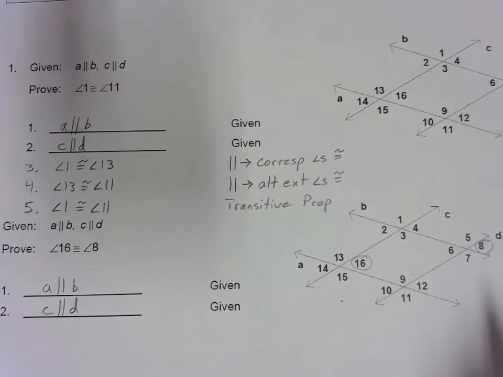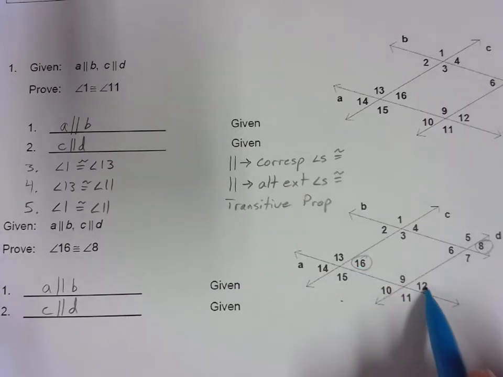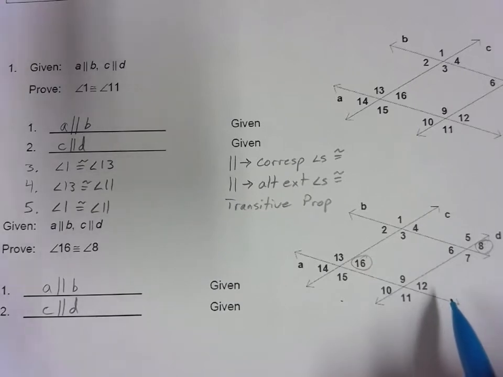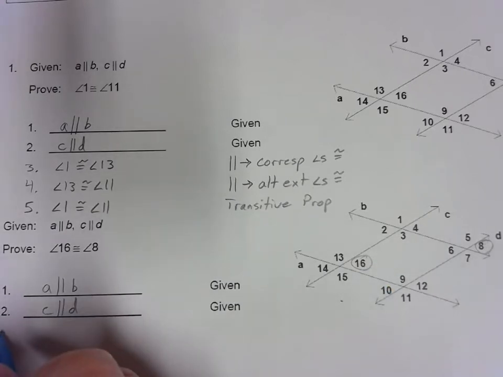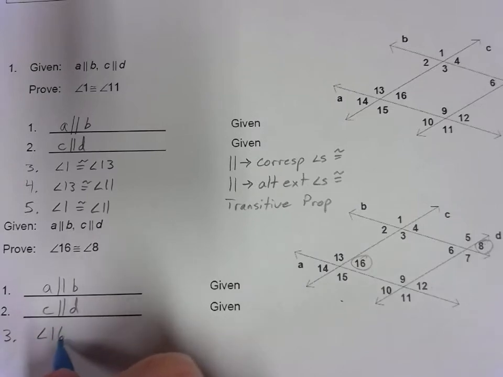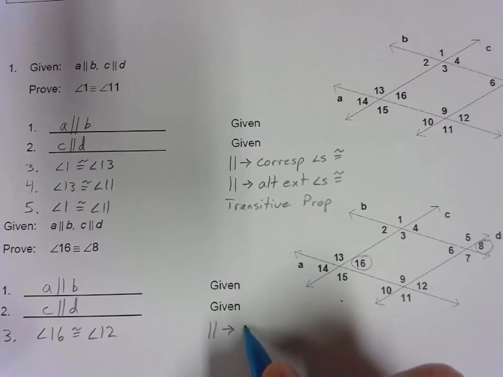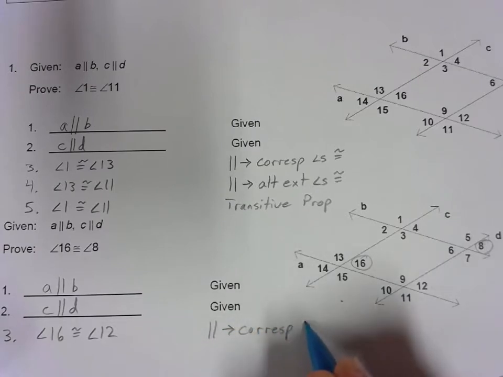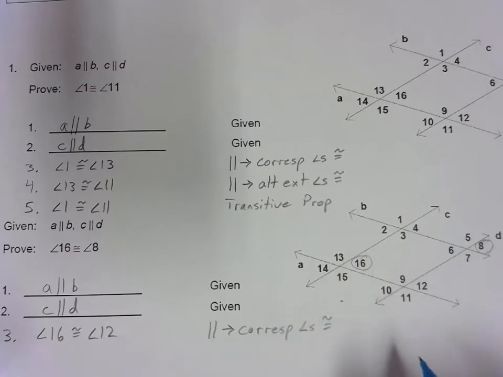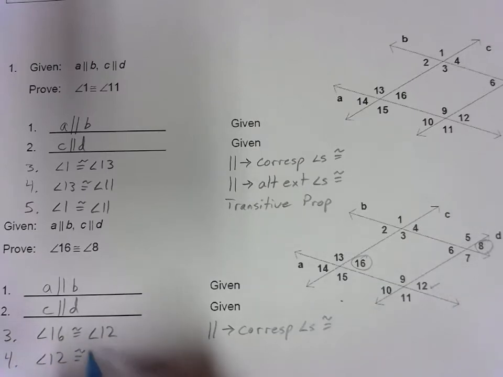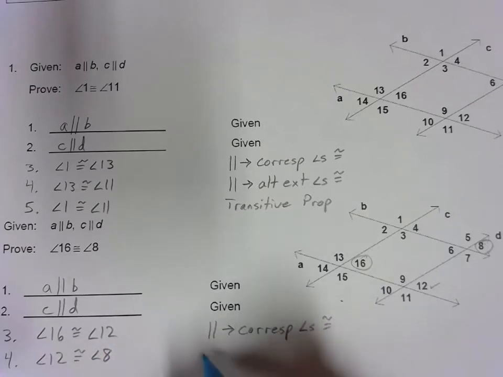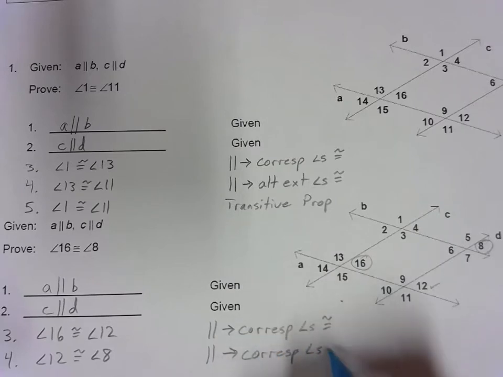And so to get there, I need to show that 16 and 12, again there's lots of ways we can do this, but I'm going to say angle 16 is congruent to angle 12 because when I have parallel lines, the corresponding angles are congruent. So now I have 12, so I want to connect 12 to 8. Angle 12 is congruent to angle 8 because parallel lines mean that corresponding angles are congruent.